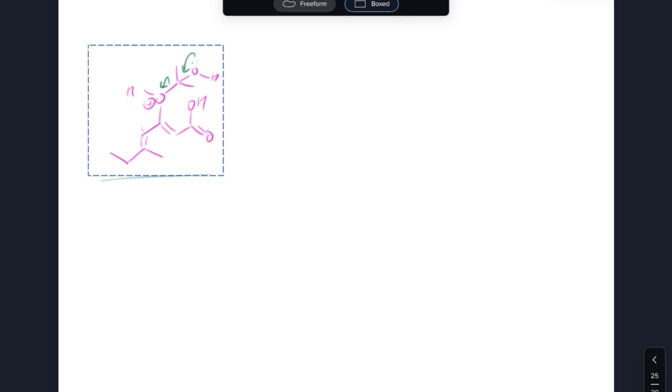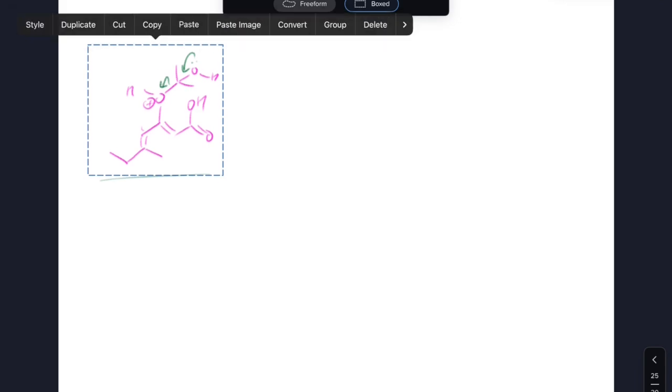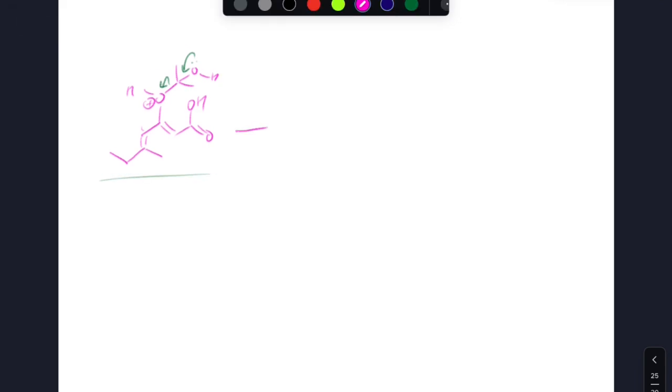Okay, so now that we've done that, we're going to end up with the enol form of this product. OH, double bond, O, double bond, O, OH. So to convert it to our final product, we just want to convert this back to the keto form.